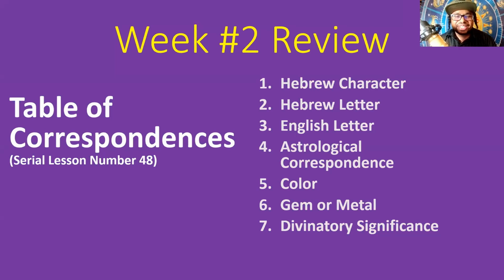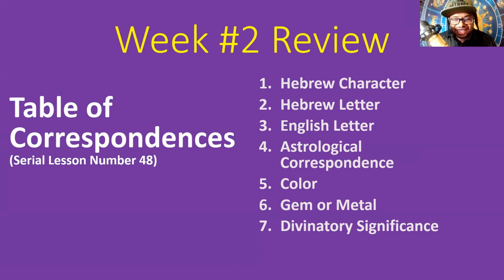It is in front of Serial Lesson number 48, which is the first serial lesson inside of the book, the table of correspondences. The table of correspondences basically covers the 7 things that the tarot cards are related to.